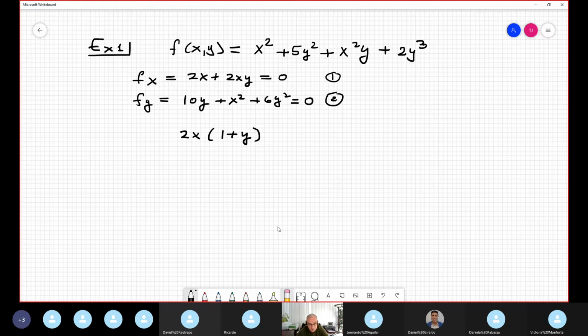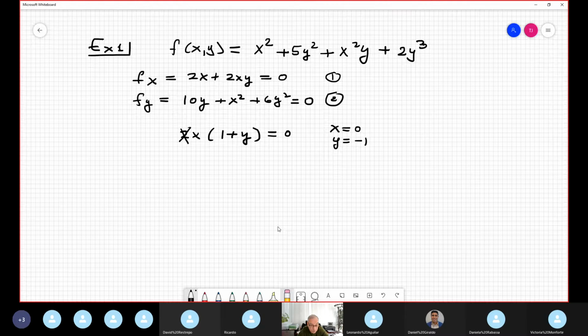I don't know why I put minus. It's plus. So, you factor out x, equal to 0. It is obvious that we have two solutions: x equals 0 and y equals -1. Because you apply the zero factor property, these two are completely irrelevant. x is 0 and y plus 1 is equal to 0, y is -1.